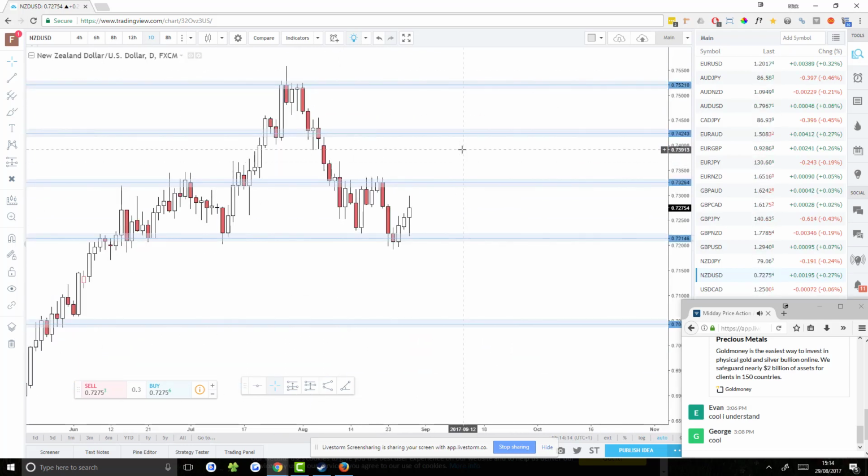Who was long on New Zealand USD? Was it posted to the forum? Can't remember if it was posted to the forum. Well, regardless, New Zealand USD long is going well, so if you're in it, you may as well hold that one.